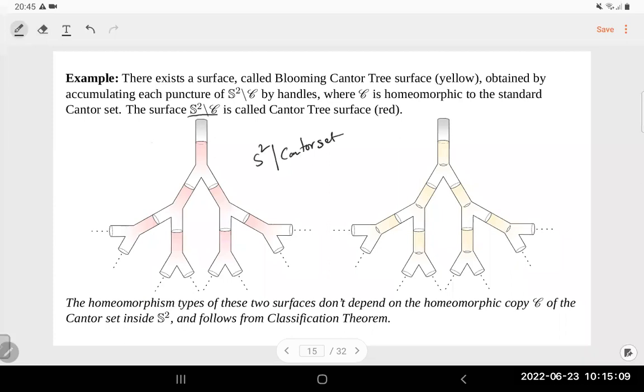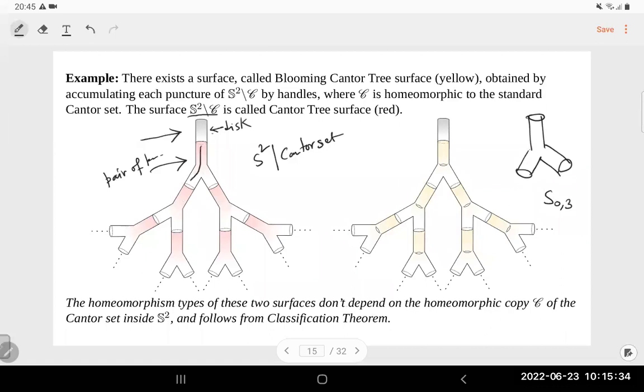How do I start? I start with the disk. So this is the disk. Then I consider a pair of pants. So pair of pants means this compact bordered surface, S0,3, where 0 stands for genus zero and 3 stands for the number of boundary components.